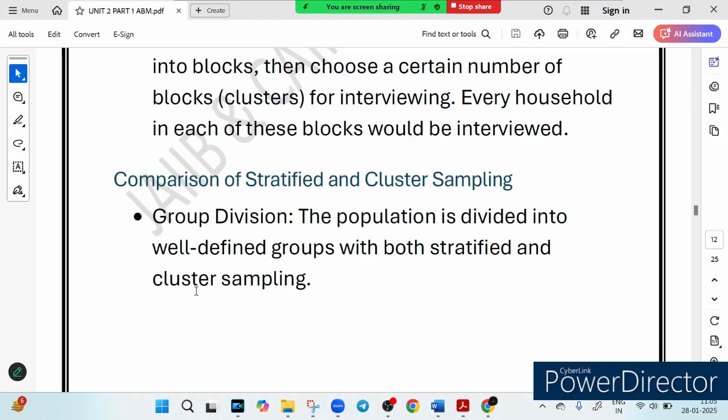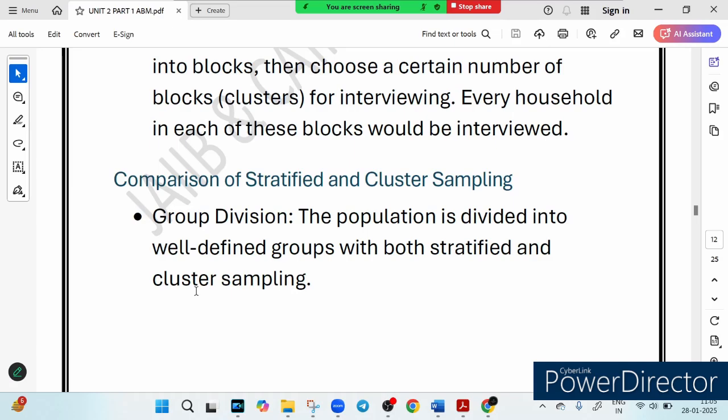Instead of going door to door across the entire city, you just focus on a few areas. It is faster and more affordable. The market research team divided the map into neighborhoods or blocks, randomly picked a few blocks, and interviewed every household in them. It is like zooming into a few areas and getting a full picture of them.